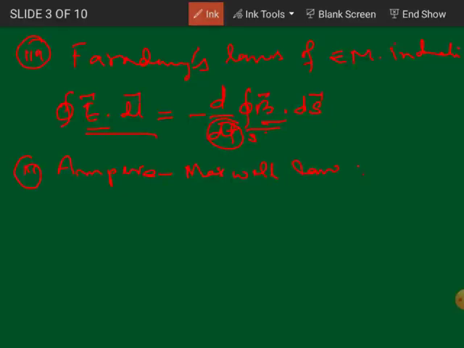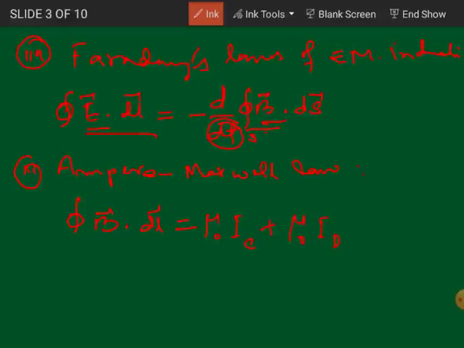And in this, the equation is that there is a relation between the magnetic field and the current. So this magnetic flux over this closed path will be equal to mu naught times the conduction current, plus mu naught times the displacement current.